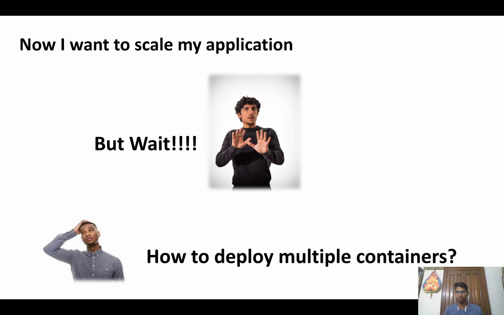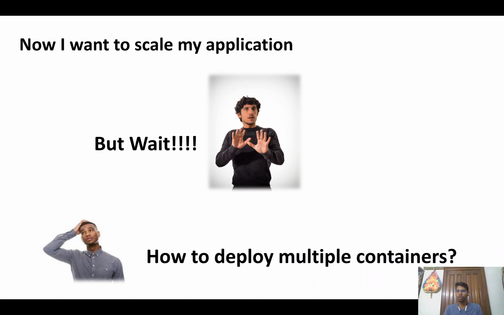Easy. Okay, you have multiple containers, and now you have to manage those multiple containers. Container management is a big issue. Docker is there, but Docker cannot manage those multiple containers.